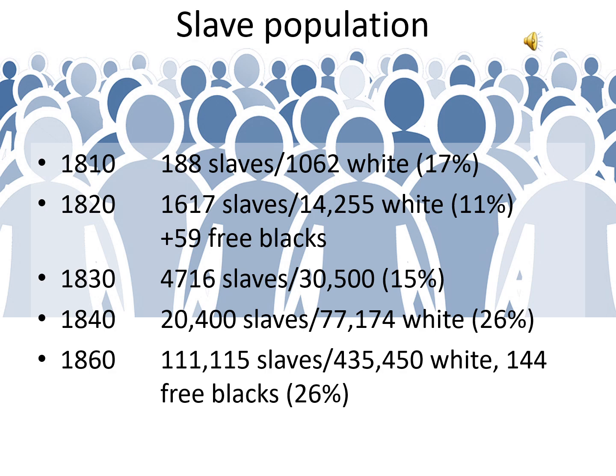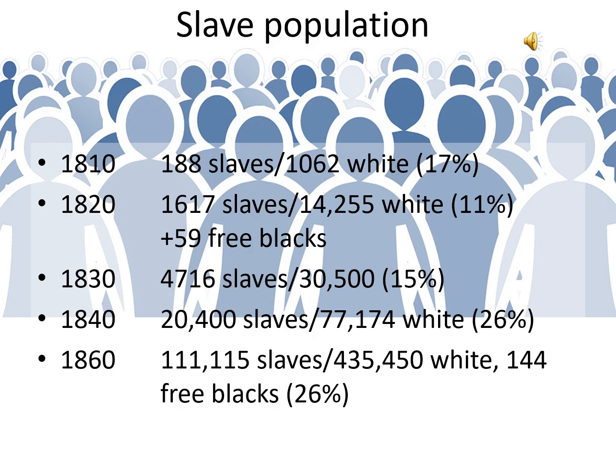In 1830, there were 4,716 slaves and 30,500 white population. So 15% of the population was slave labor in 1830. So we have it growing. Percentage-wise it actually decreased from 1810 to 1820, but now it's grown 4%.